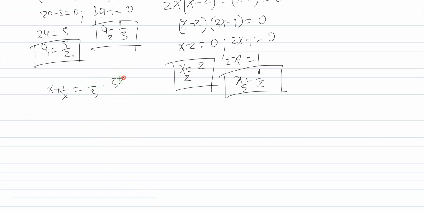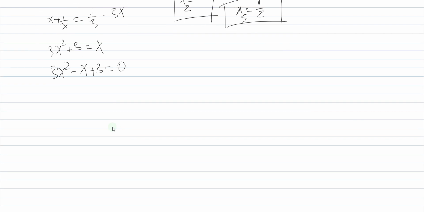This gives 3x squared plus 3 equals x, so we have 3x squared minus x plus 3 equals 0. From here, x is equal to minus b plus or minus the square root of b squared minus 4ac, divided by 2a.